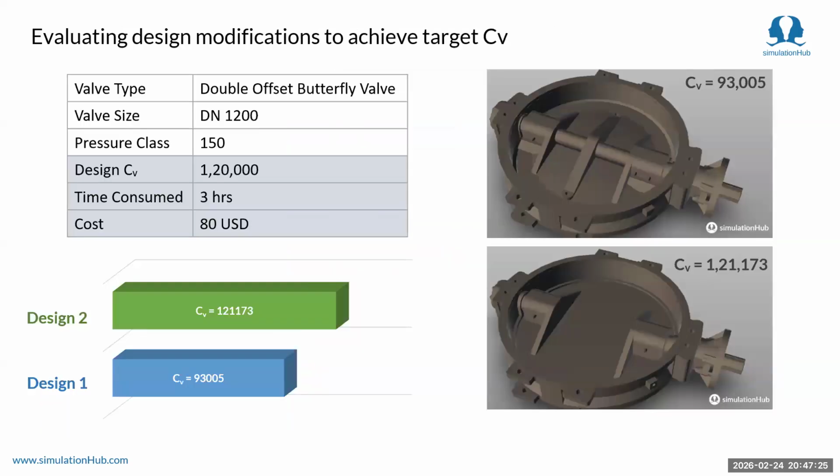Okay. So this is one case study, a DN 1200 double offset butterfly valve. They had a design CV target of 1,20,000, and their baseline design got 93,000, so it was falling short by around 20 to 30%.